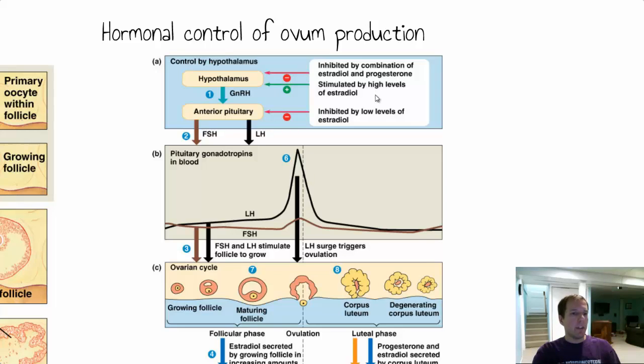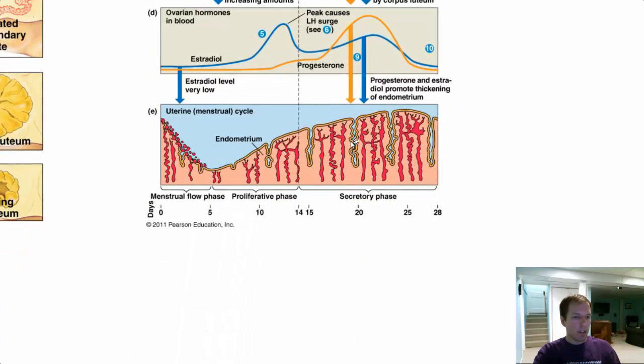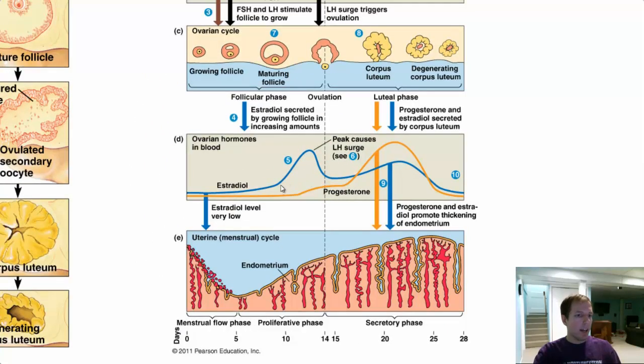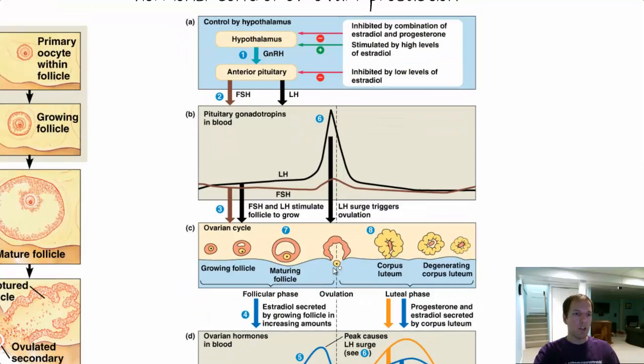Now, if the level of estrogen is very high, like in the case of what we see at step number 5 right here, then we do want a production of LH, because we need that LH to cause the ovum to actually be released.